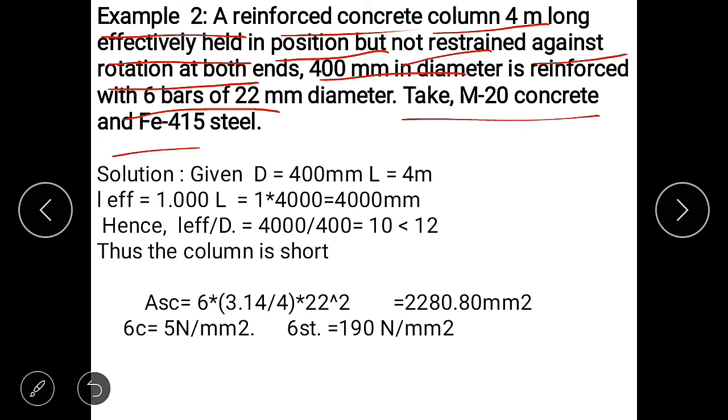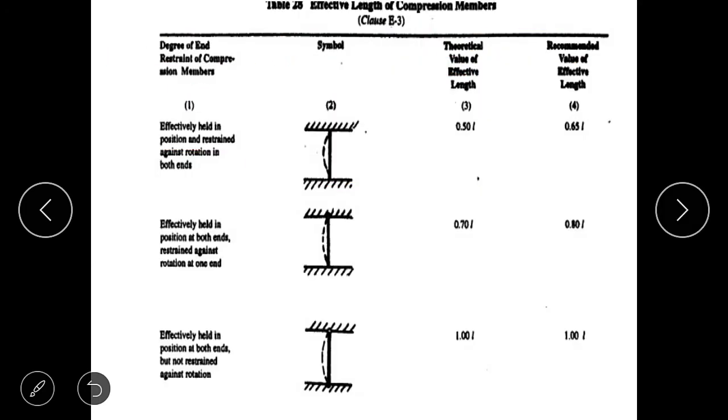In this numerical, the given data is: diameter of column 400 mm, length of column 4 meter, but one condition is given here, effectively held in position but not restrained against rotation, meaning both ends are fixed. So for that, in IS code table number 28, effective length of compression member is given.